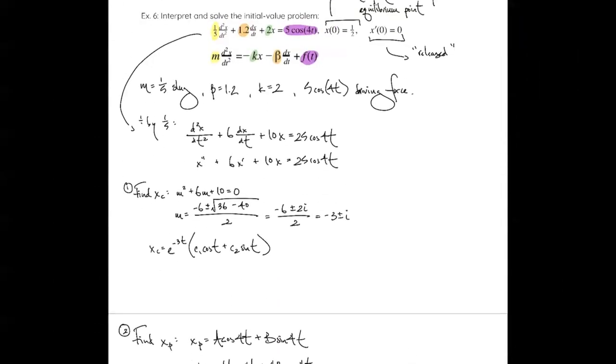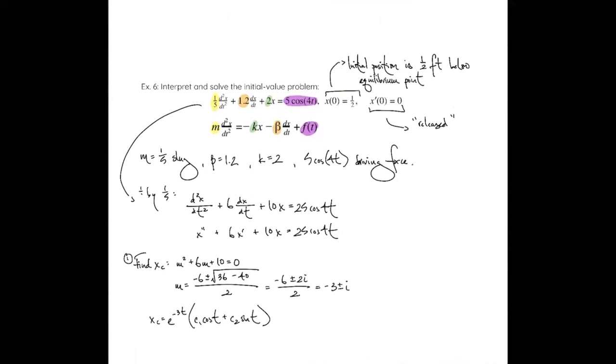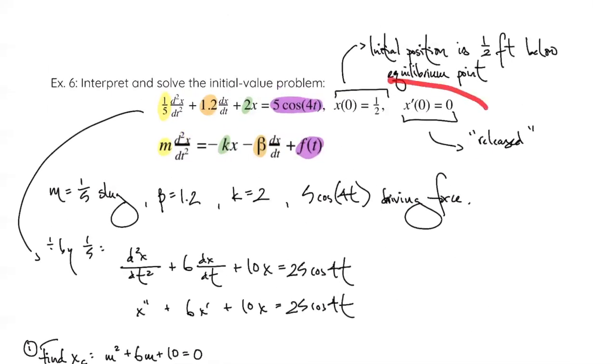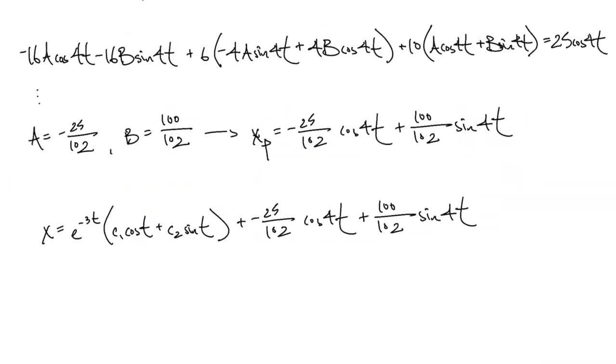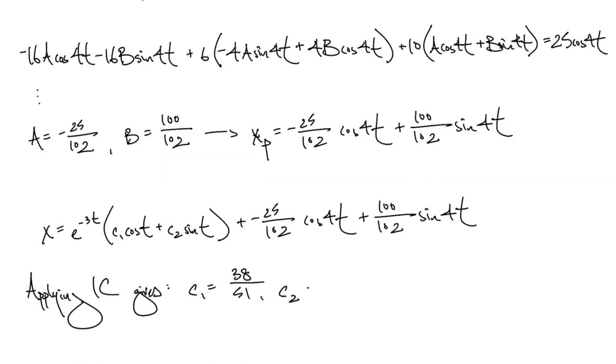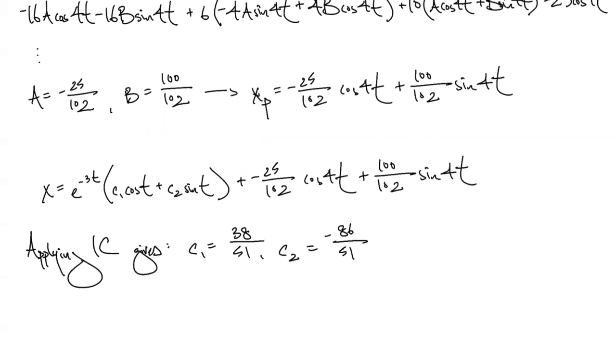And in order to find that C1 and C2, we're going to use those initial conditions that they already gave us, right? And for simplicity's sake, I'll say applying initial conditions gives C1 equals 38 over 51 and C2 equals -86 over 51.